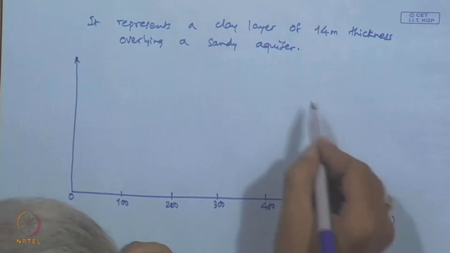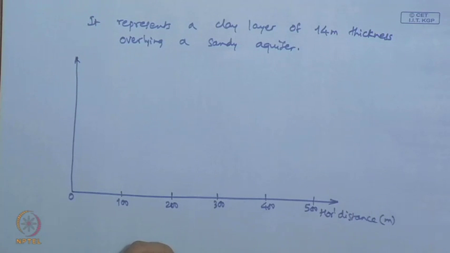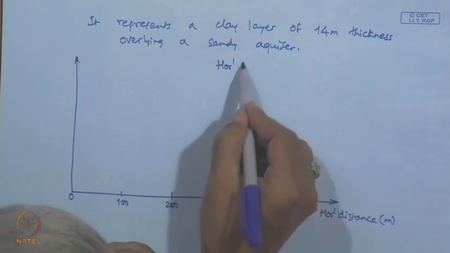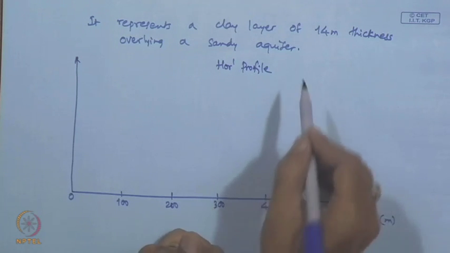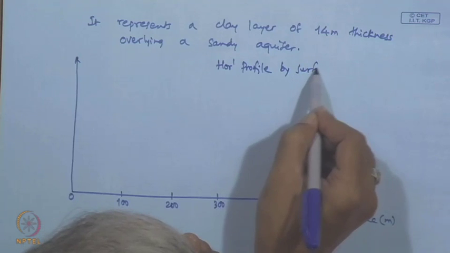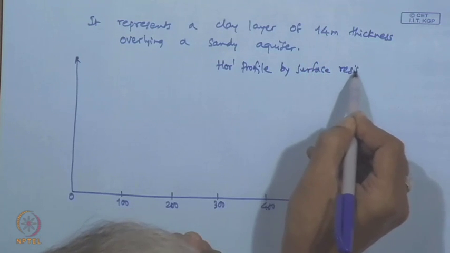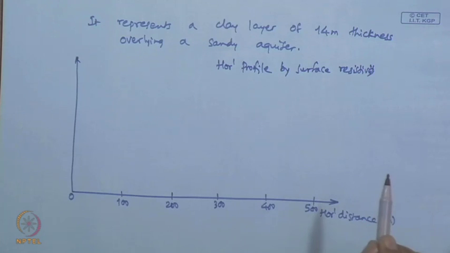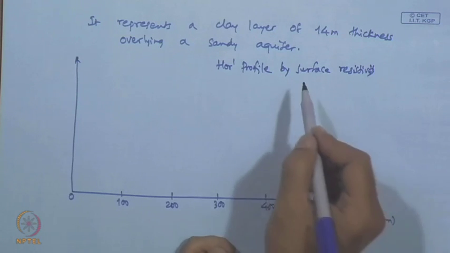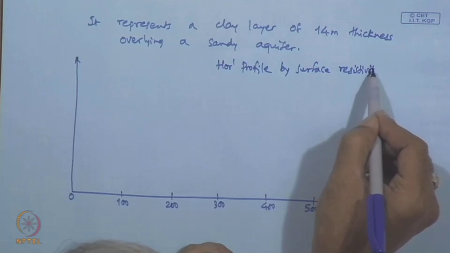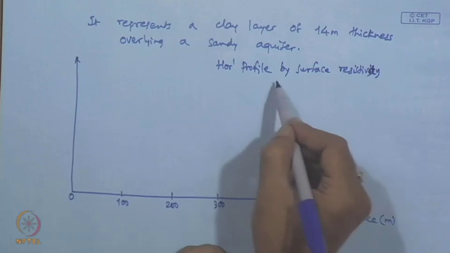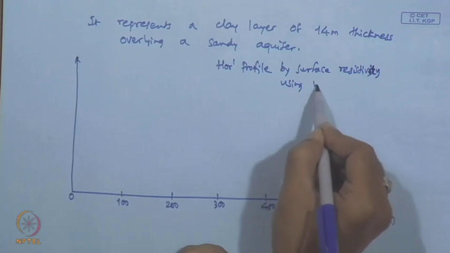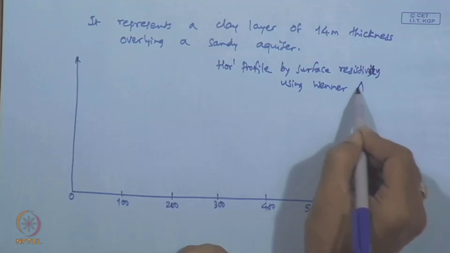This is also taken from the horizontal profile by surface resistivity using the Venner arrangement.